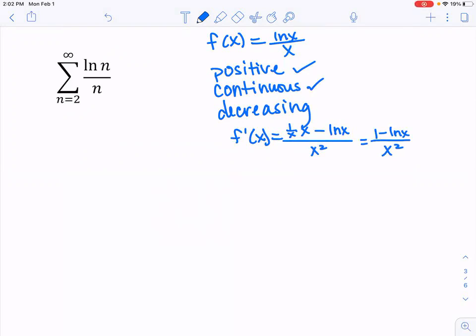After 2, is this derivative negative? It is. Okay. So I have shown positive, continuous, and decreasing. Perfect.